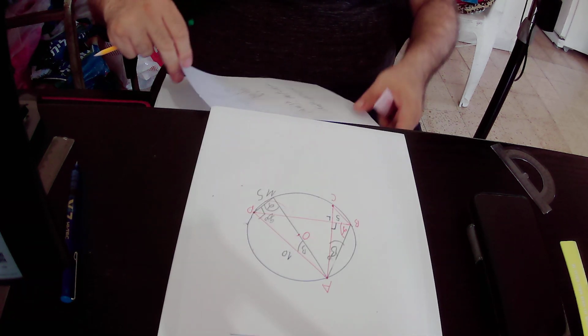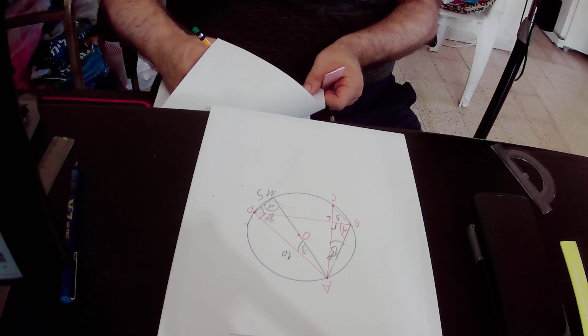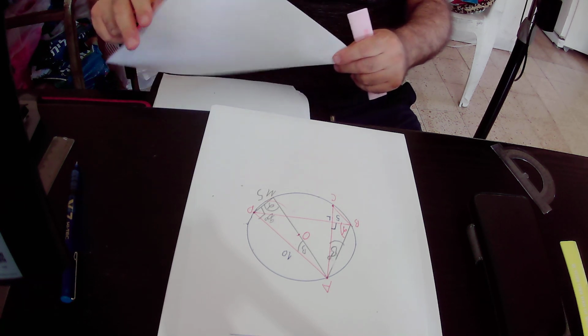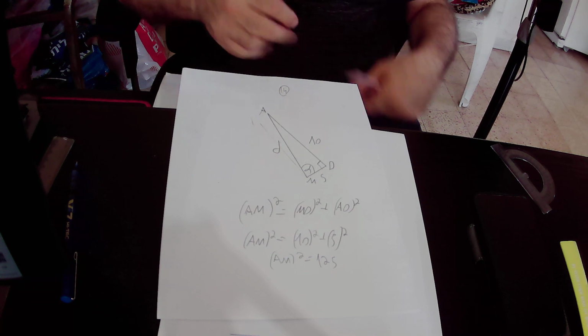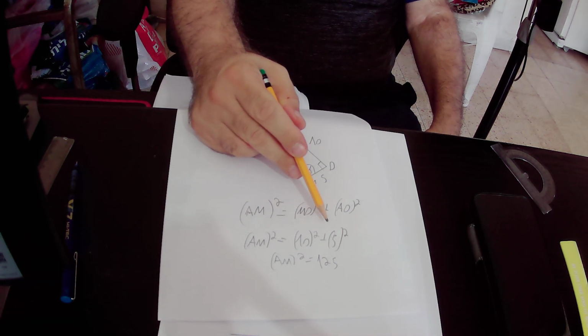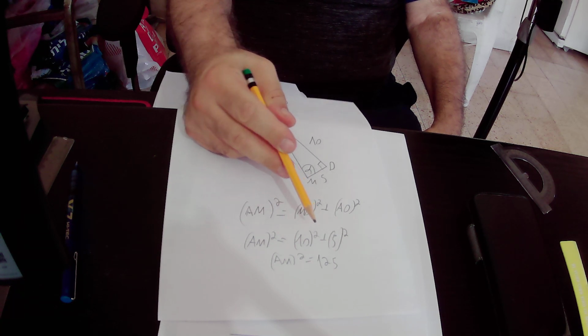Okay, so AM squared equals 125. 10 squared is 100 and 5 squared is 25. 100 plus 25 equals 125.